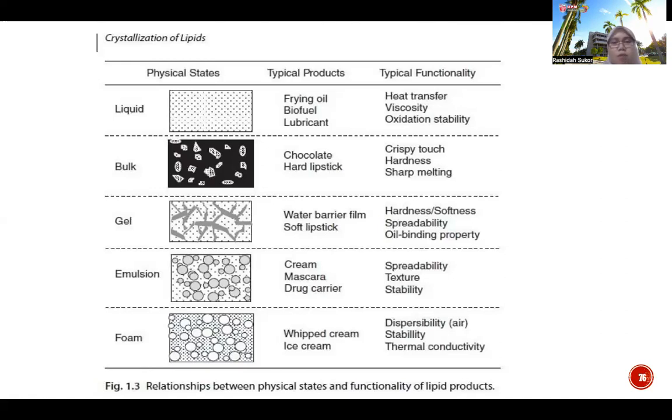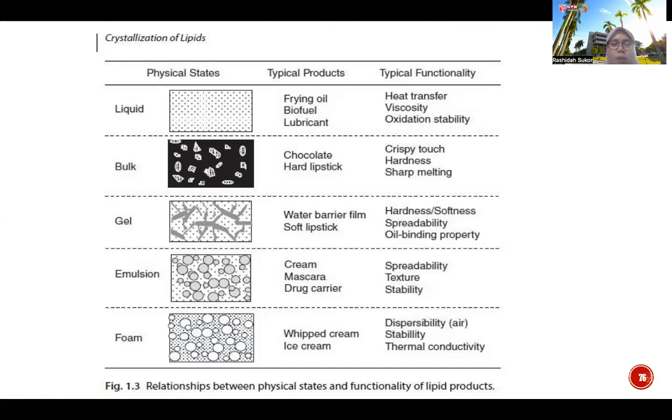When you buy this kind of product, try to read the label. In chocolate we also use emulsifier, otherwise the physical appearance of the chocolate would not be nice. You have to use emulsifier in food that has a mixture of water and oil.